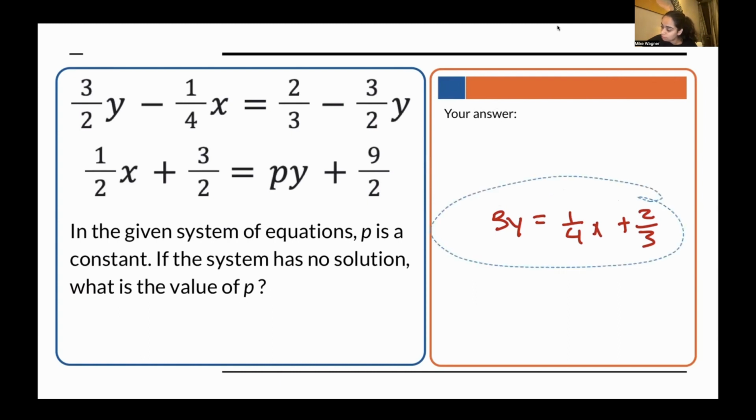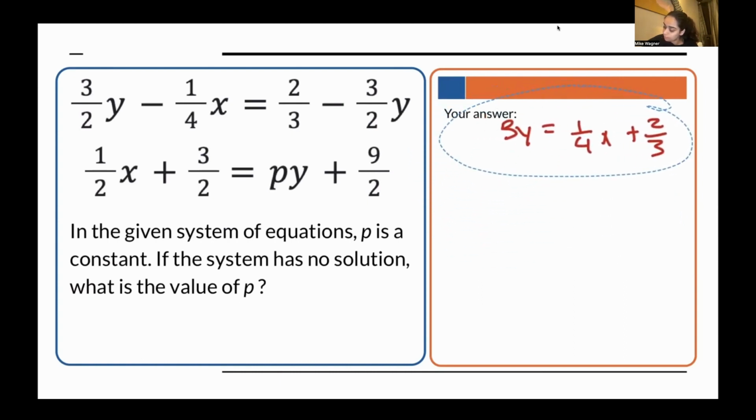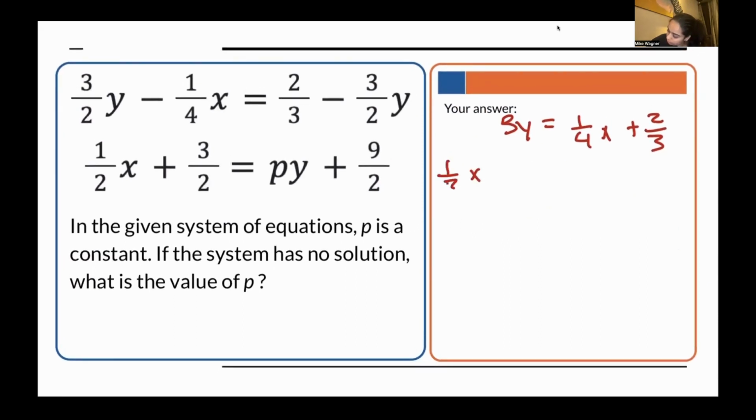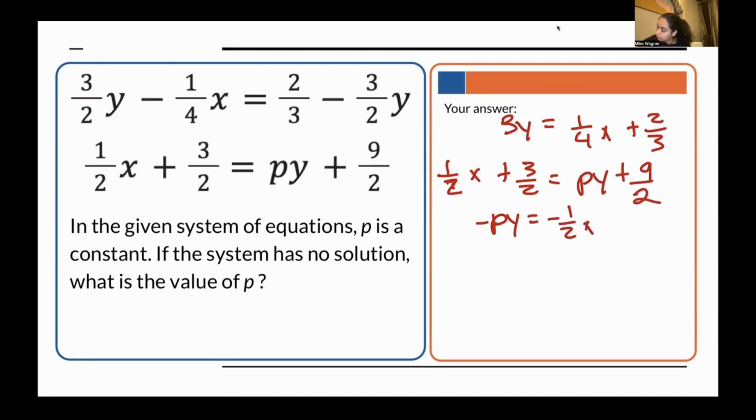We have negative py equals negative 1 over 2x. 3 over 2 minus 9 over 2 is negative 6 over 2, which is negative 3, so plus 3. I didn't drop anything, that looks good. Then we get y equals 1 over 2px plus 3.